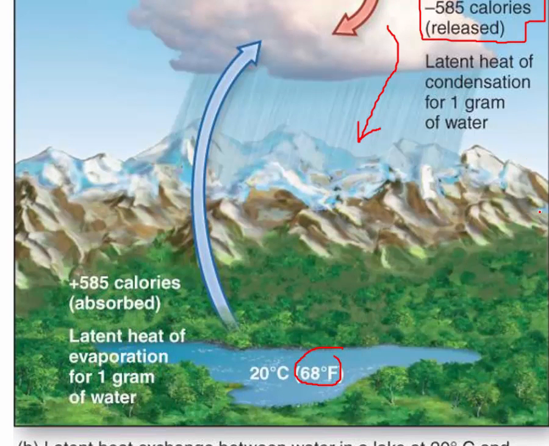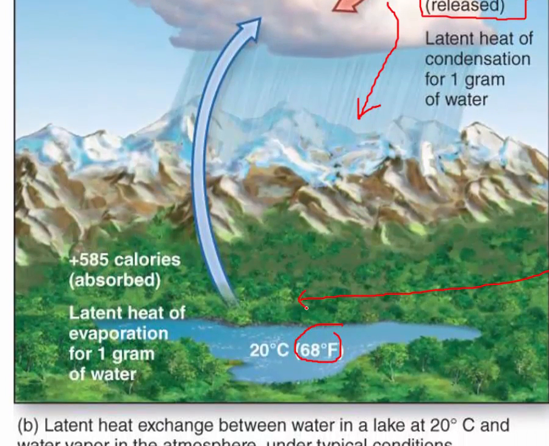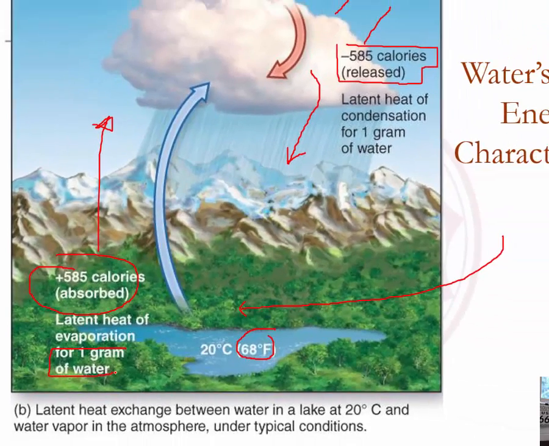Now, when that heat passes back over, say, a lake or these trees, and there is liquid water, that water will absorb 585 calories in order to get back up into the atmosphere. That's per gram of water.